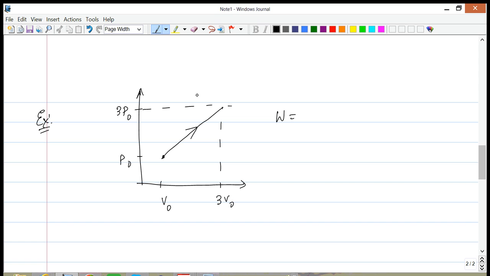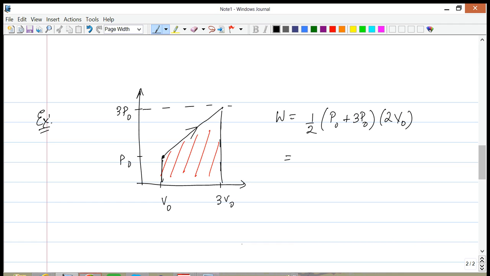So the work done is again the area under the curve. So what I'll do is I'll find all this area. Now it's a trapezoid, so I'm going to use the formula for the trapezoid. It will be equal to half times the sum of the parallel sides. In this case, the parallel sides are P0 plus 3P0, multiplied by the distance between the parallel sides, which happens to be 2 times V0.